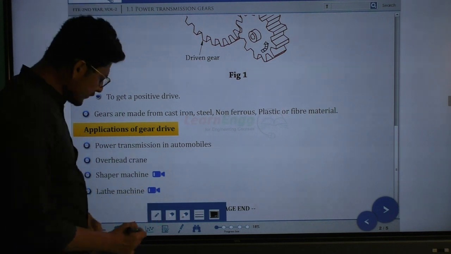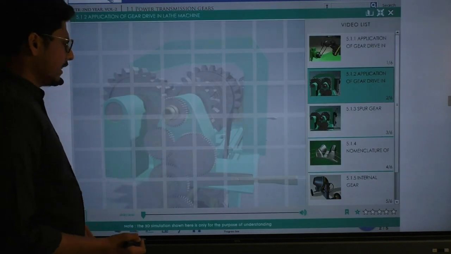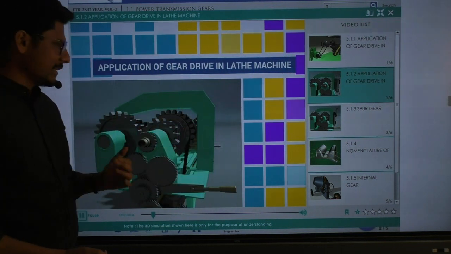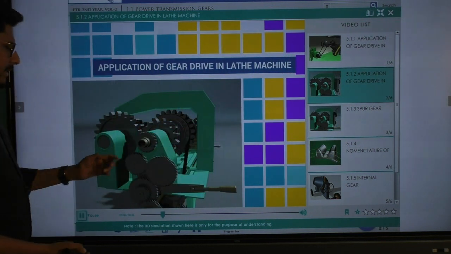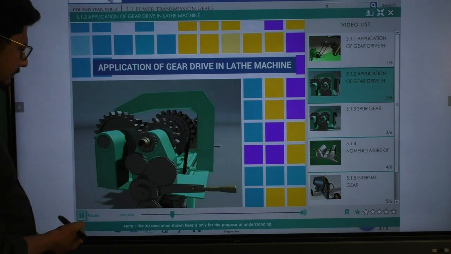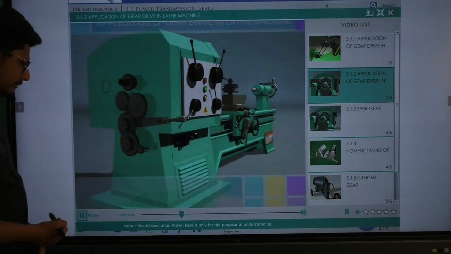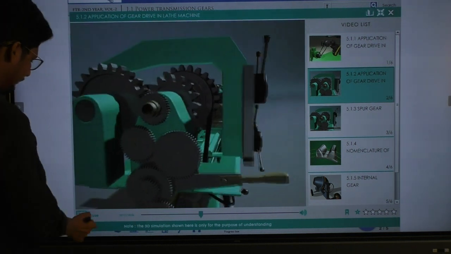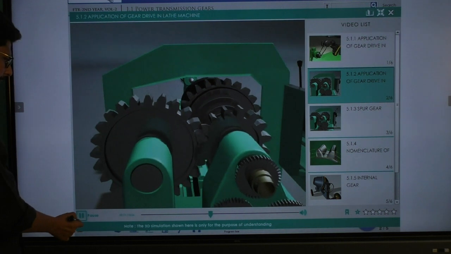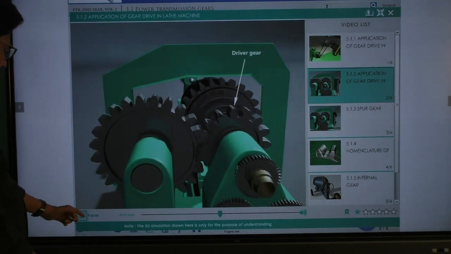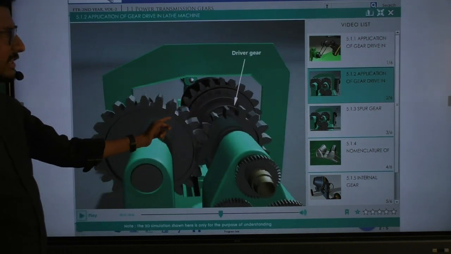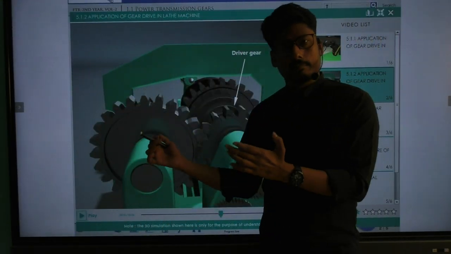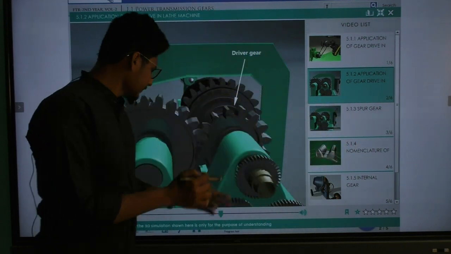Next, we come to a lathe machine, and in this lathe machine we are also using these gears. This is a lathe machine. The mechanism in the lathe machine is shown. Now, see the gears in play for operation of the spindle. These are the driving gears where we transmit power from the electric motor to the spindle.